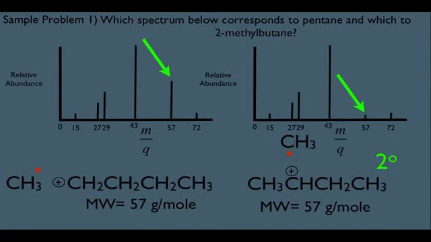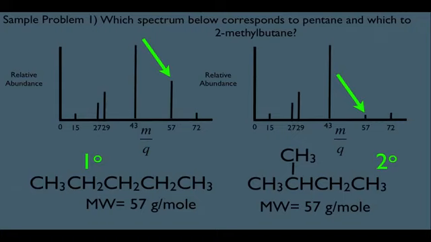For pentane, when we do this type of fragmentation, we end up getting a primary carbocation. Notice if you investigated this pentane molecule further, no matter how you cut up these bonds, you're always going to get some kind of primary carbocation. You could never get a secondary carbocation. However, with 2-methylbutane, we just saw it's possible to lose a methyl and get a secondary carbocation.